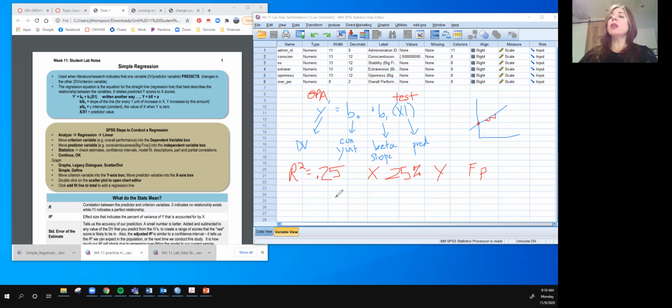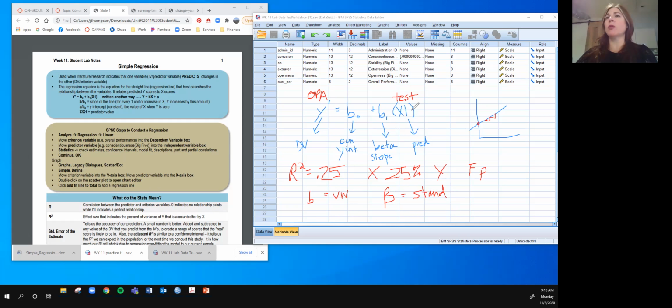Then if it is, you look at individual beta weights, right? Right now we only have one, but you have a little b, which is unstandardized, and you have a big B, which is standardized. And I'll show this to you in just a minute. But this is in the metric of this.